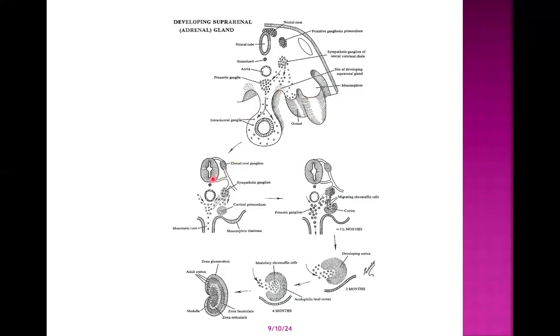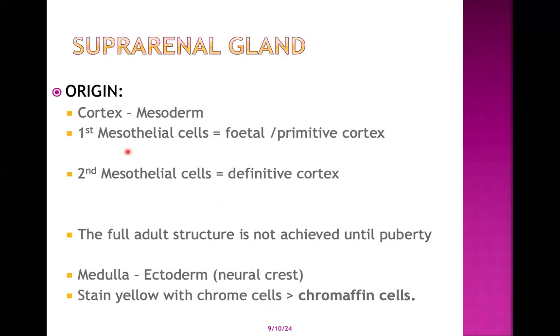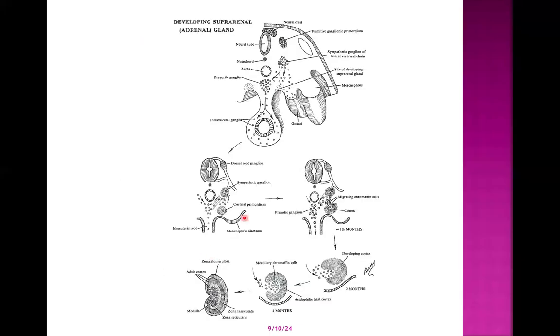Now, in the course of development, you have the cortical primordium starting to develop. Remember, we said here that the cortex comes from mesoderm, and the medulla comes from neural crest. So the cortex has started developing, and it is continuing its development. Then at 2 months, you see that the neural crest cells are now invading the central portion of the cortex to become the medulla.